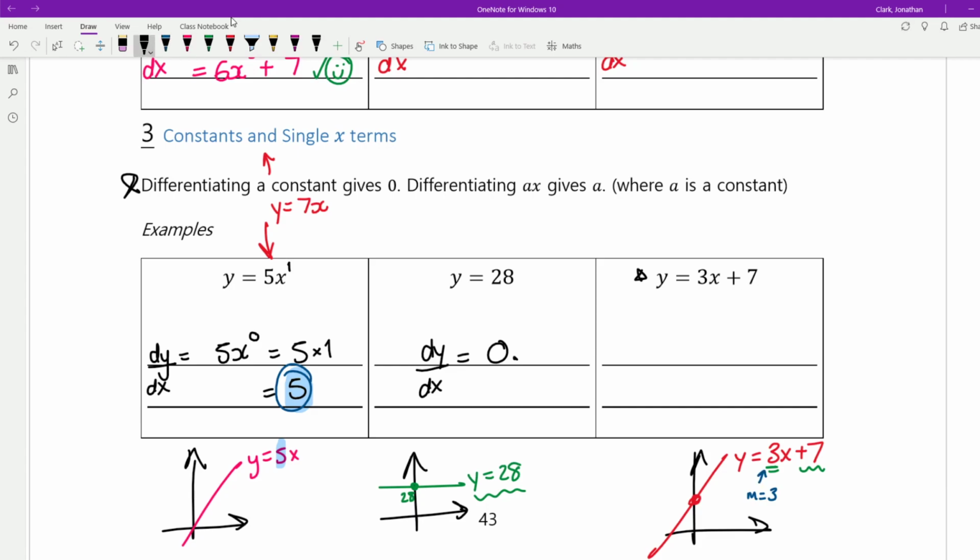So you could just go straight in and say, yeah, my gradient is 3. The 7 is irrelevant because the 7 is the y-intercept. It decides where we cut the y-axis, but it doesn't control how steep the line is. Okay, so those are all the key features, and we should be okay to crack on with the main exercise.